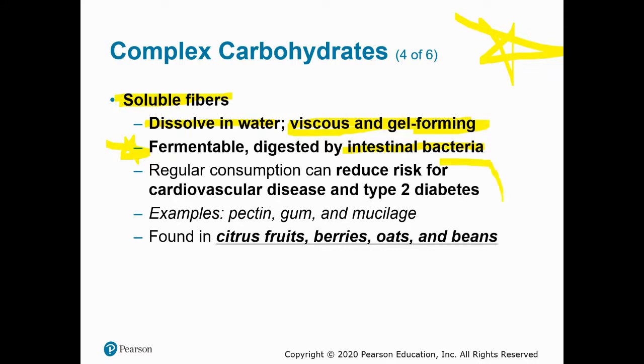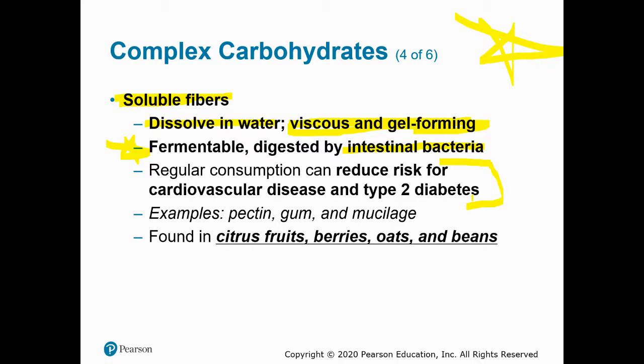Because of their viscousness, which is due to their solubility, soluble fibers have the ability to stick to or bind a lot of waste material in the colon. One of those waste products might be excess cholesterol or excess saturated fat.